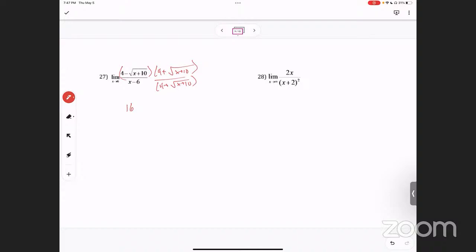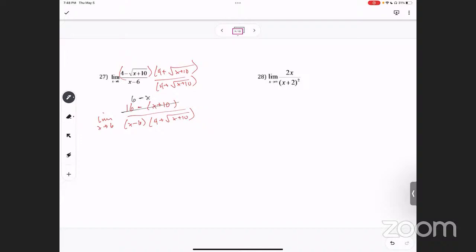Then 16 minus x plus 10. And don't forget to have that in parentheses, all over x plus 6 times parentheses, all that. And this just equals 6 minus x, right?